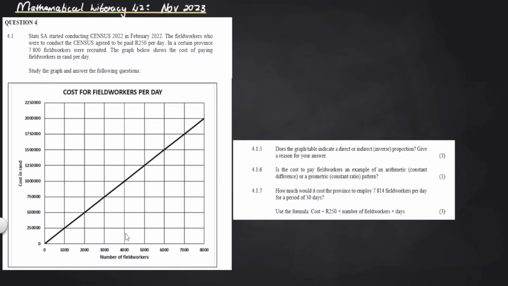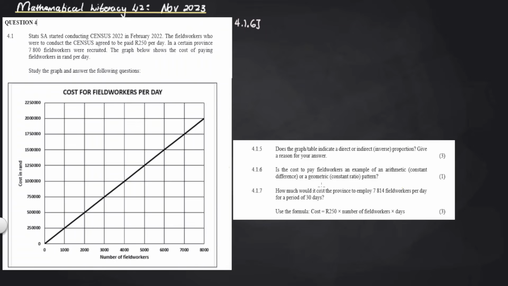I think I can take this down. So let's just answer more questions here instead of answering them on that piece of paper. All right. So now, are we having a constant difference or an arithmetic difference, or a geometric pattern?